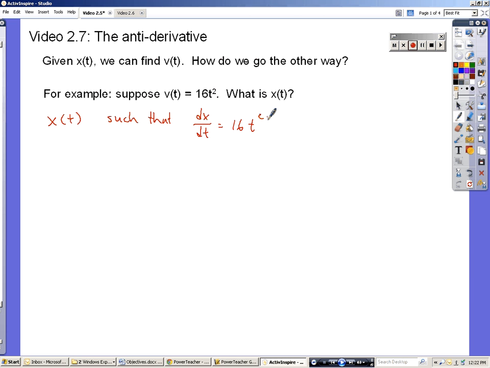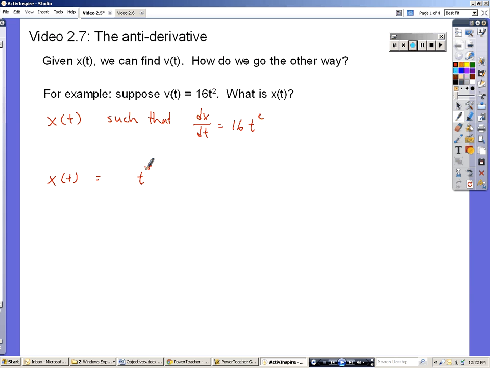Well, the first thing you say is, we've noticed a pattern that when you take the derivative of something that's t cubed, you get something that's t squared. So we're pretty sure that x of t is going to have a t cubed somewhere in it. Now we've got to just figure out what number goes on the front.